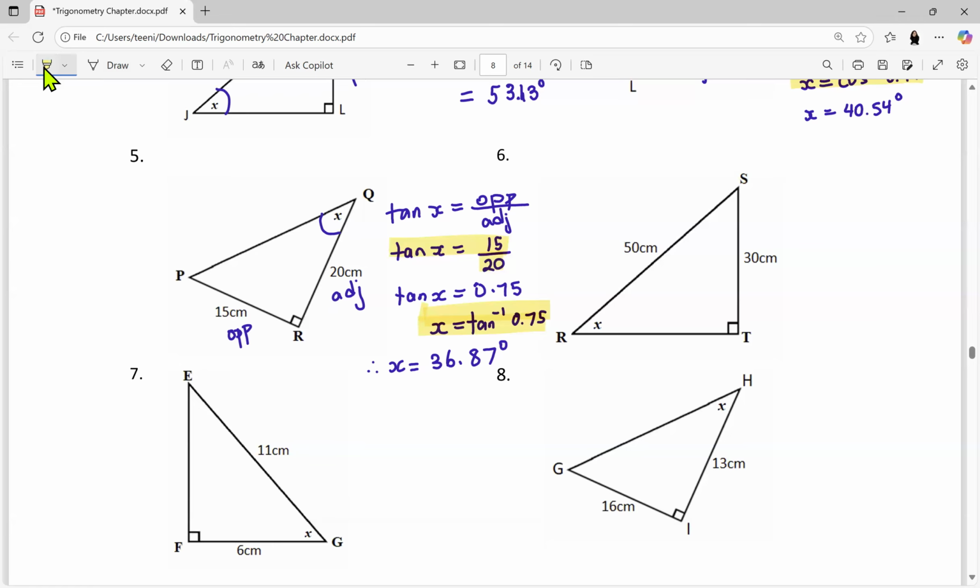All right, Matthias, let's do one together. Let's go ahead and label the sides. Which side is your hypotenuse here in question 6?